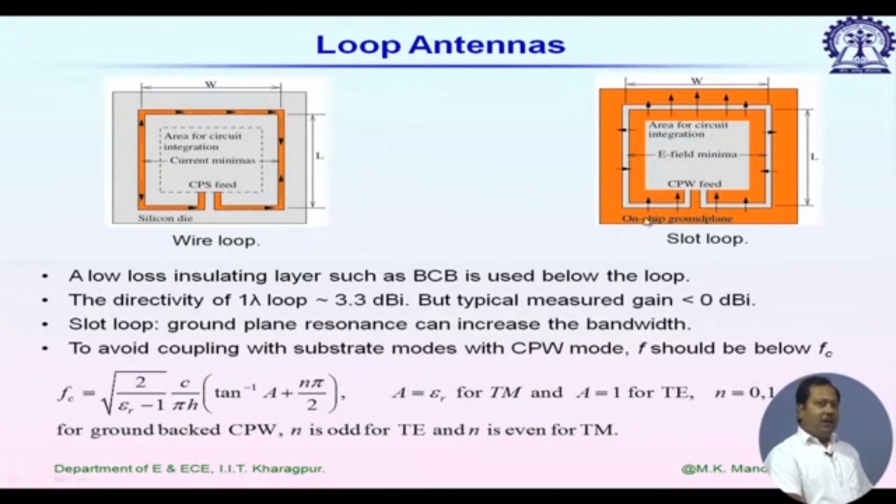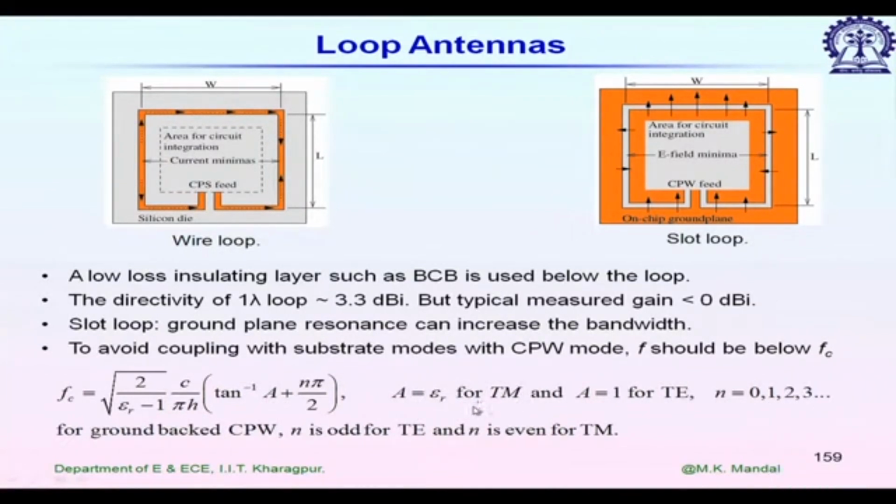And now, we have a thumb rule again here to avoid surface wave mode generation. F, the operating frequency, should be smaller than this cutoff frequency Fc, which is given here, square root of 2 by epsilon r minus 1, and it is a function of h, the thickness of the substrate, and also A, which is given as epsilon r if we have a TM type surface wave mode, otherwise A is equal to 1 if we have a TE type surface wave mode, and n is an integer.